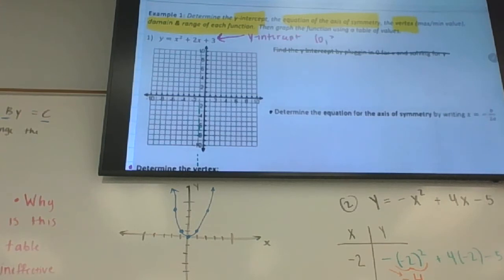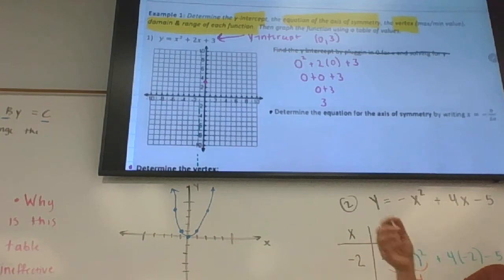The y-intercept is 0, 3. So you don't have to plug in 0. It's just that last number. I can show you plugging in 0. Yeah, it's just always going to be that last number.